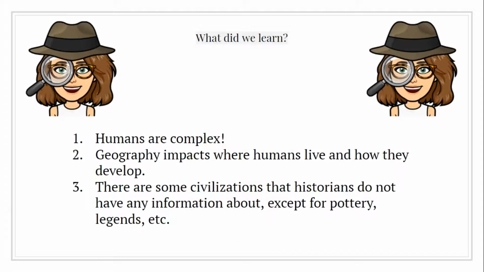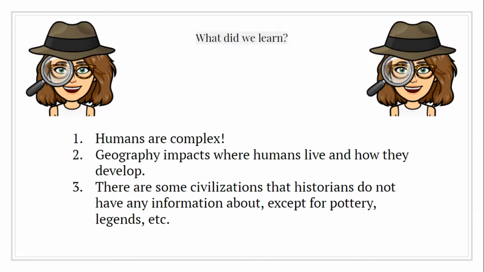So, what did we learn? Humans are, wow, I know, shocker, still complex. Geography impacts where humans live and how they develop. And we saw with the Yellow River Valley, a lot of individuals were pretty nervous about where they were living because the river was so unpredictable, and yet they stuck there because they understood the soil was incredibly fertile.